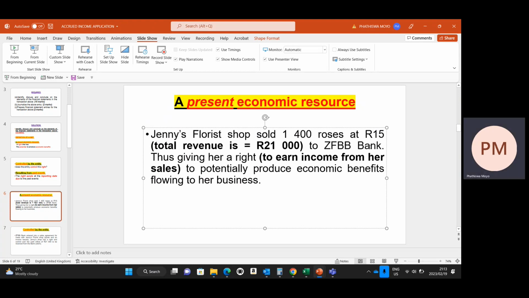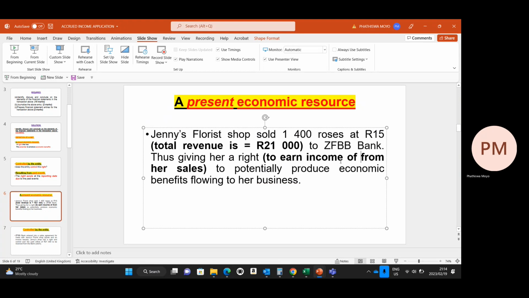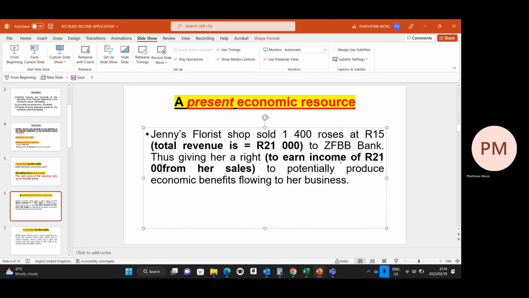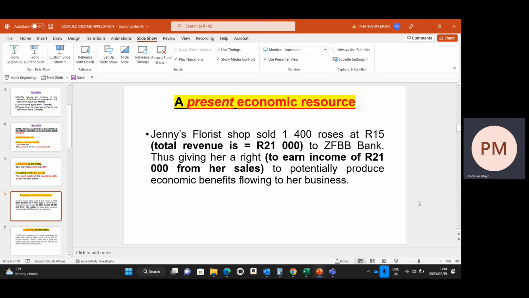That's giving her a right to earn income from her sales. That right is 21,000. That's giving a right to earn income of 21,000 from her sales to potentially produce economic benefits flowing into the business. So guys, you must apply.